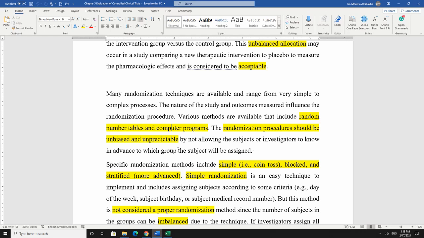Another thing is, for example, you say those recruited on Sunday and Monday I will take to group A, and those on Monday and Wednesday I will take to group B. But again, this can create imbalance in the number and in the risk factors.